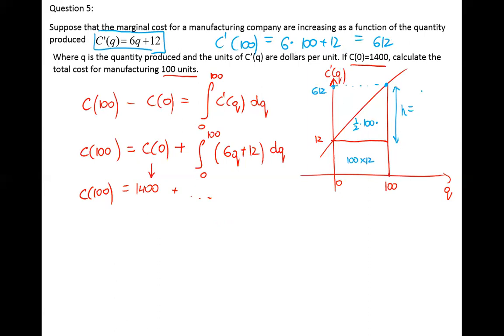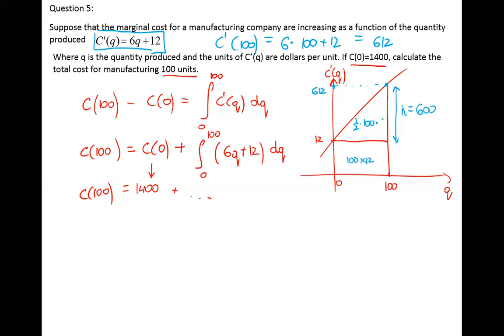The whole is 612. This is 12. We have to subtract 12 from 612, which gives 600. That means this is actually 600. Don't make this mistake.